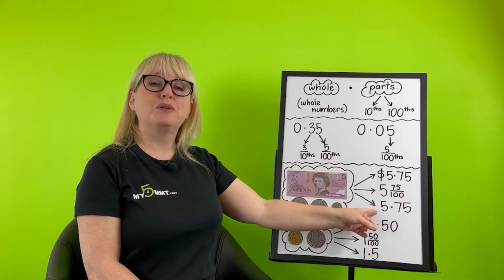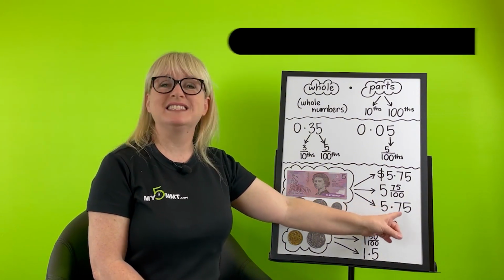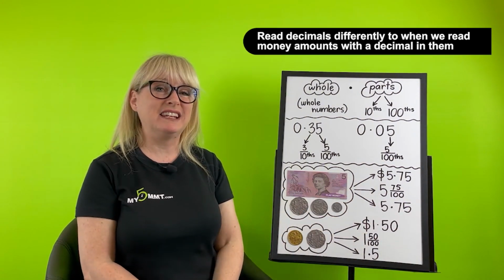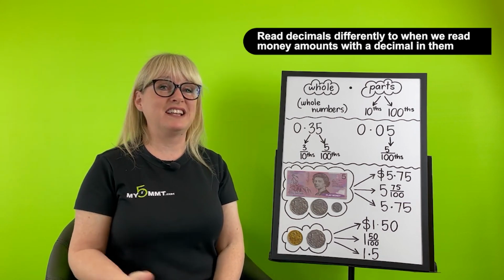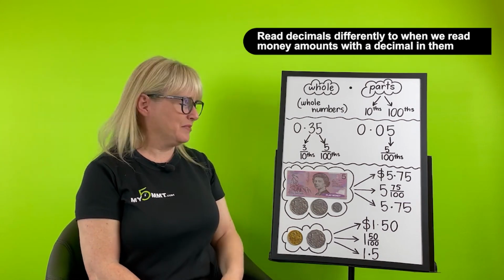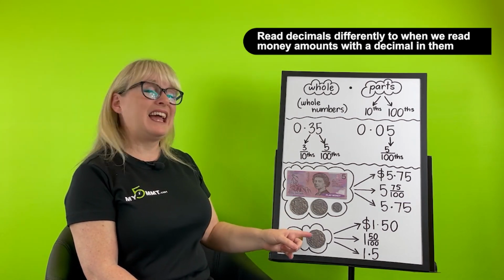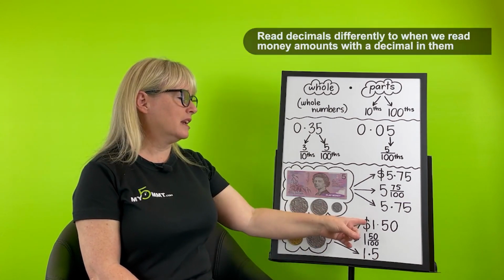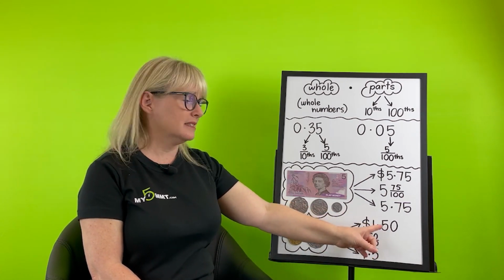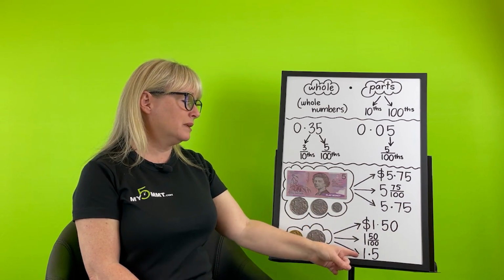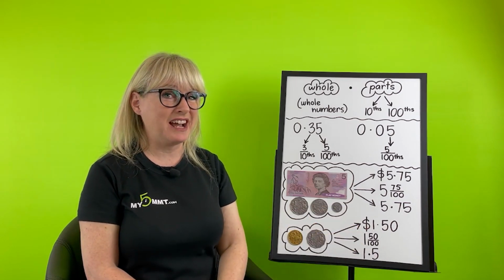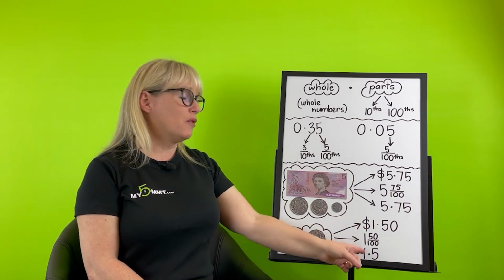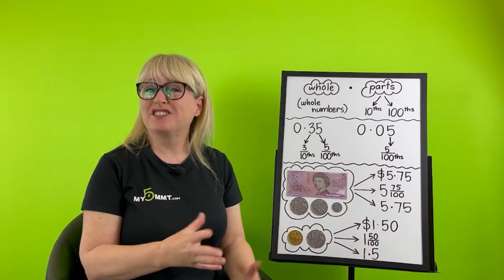But as a decimal, we could write 5.75, and we actually read it differently to when it has that dollar amount at the beginning. Here I've got $1.50, so I could write it as $1.50, or I could say 1 complete whole and 50 out of 100 as a fraction, or as a decimal 1.5 because I don't need the 0 at the end.